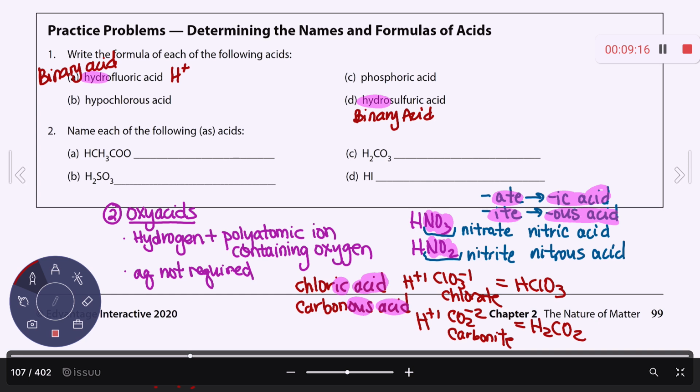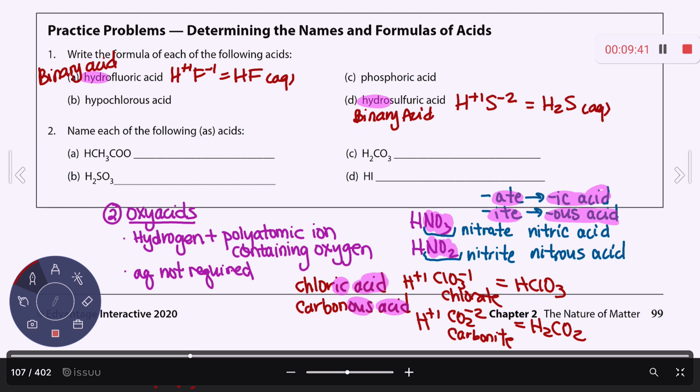So this would be hydrogen with fluorine. That means we would have HF. And the aq is required, so I have to include it. For D, hydrosulfuric acid, this would be hydrogen and a sulfur. I would need 2 hydrogens to make it balanced and have the charges add up to 0. And then you have to put an aq on the end.